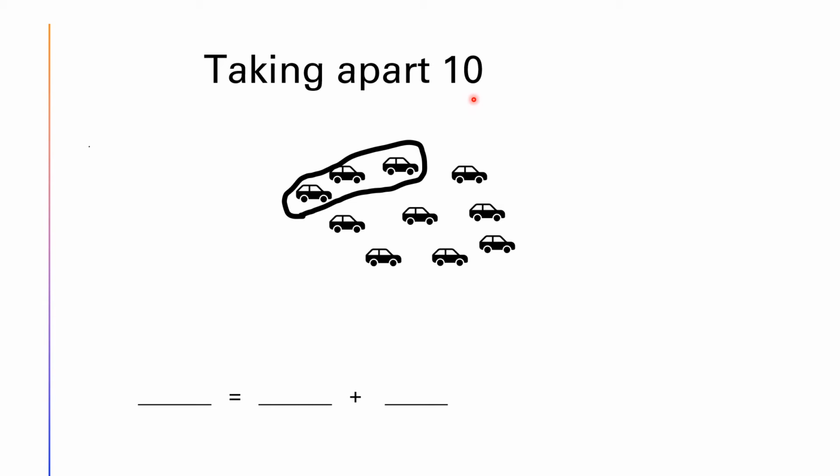Yes, our whole is going to be 10. That means there are a total of 10 cars in this picture. Now we want to be able to find the two parts. Your job next is to organize your picture into a 5 group of 10 and finish the equation. Ready? Go.